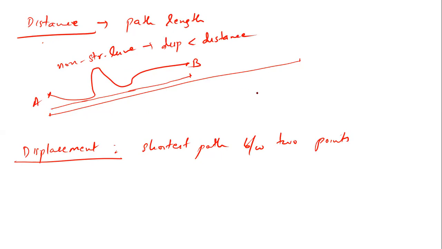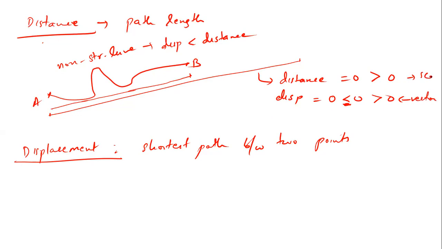Now, if I look at the properties of distance, it can be equal to 0, it can be greater than 0. Displacement can be equal to 0, less than 0, and greater than 0. Because displacement is a vector, while distance is a scalar.